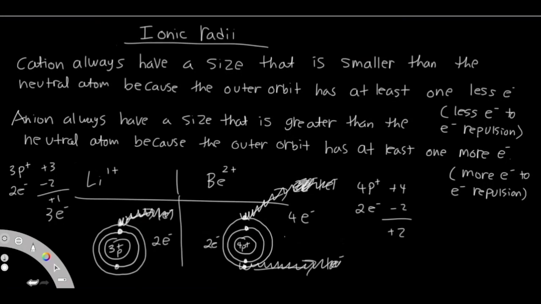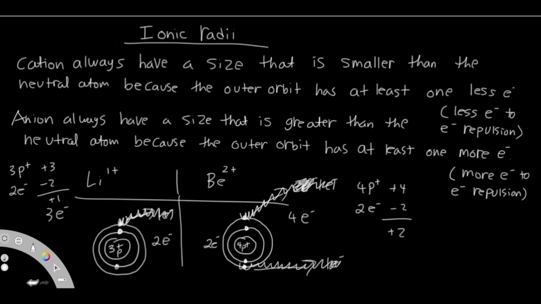Which one is going to become more compact? It's going to be beryllium. Why? The electrons want to go towards the middle. We've been emphasizing this all the time. 4 protons is greater than 3 protons. Electrons are going to be very happy. They want to go closer towards there. The more of them there are, the more fun it's going to have.